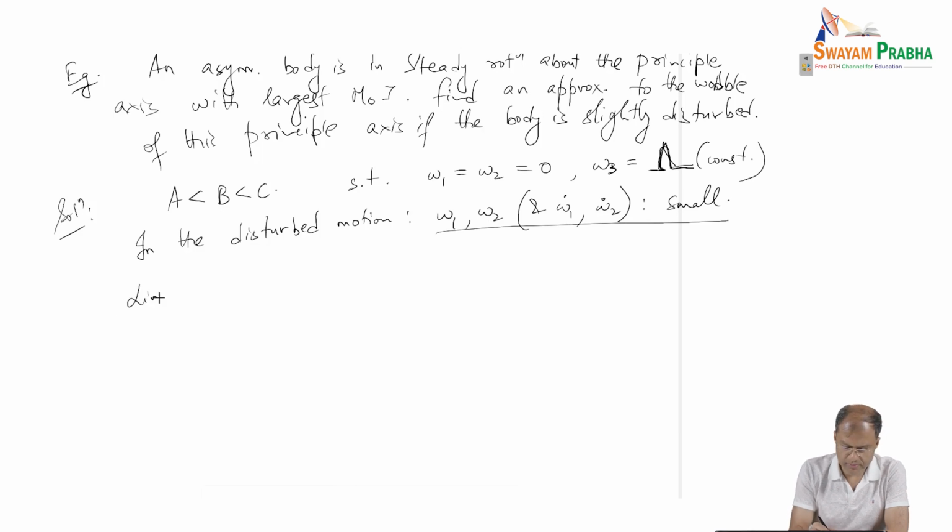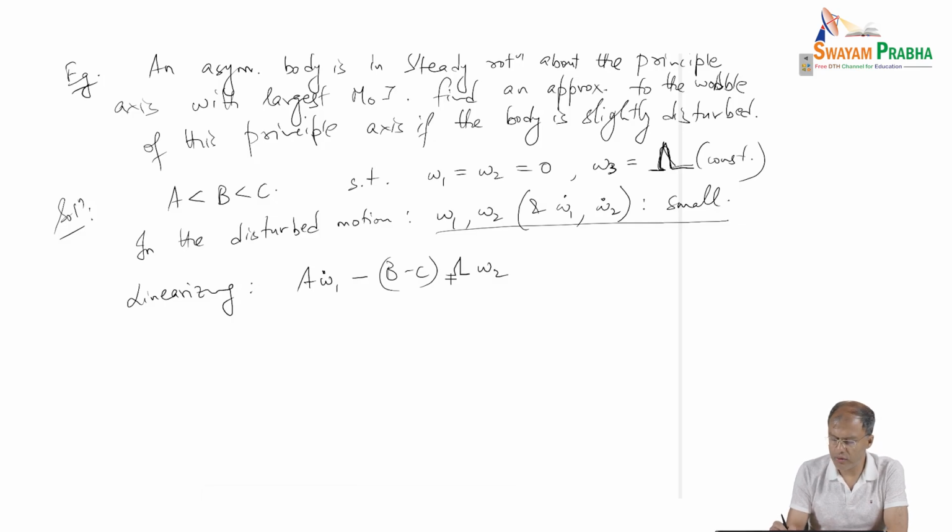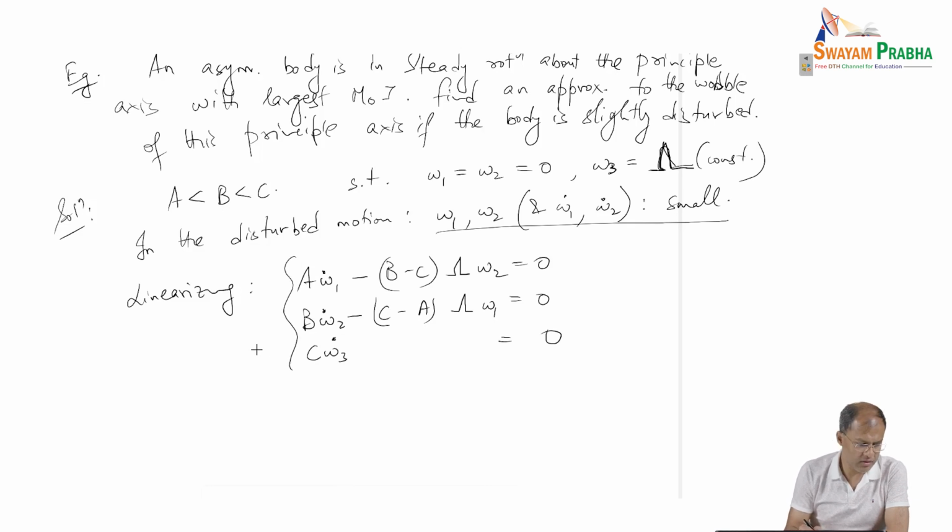So linearizing, we see that a omega 1 dot minus (b minus c) lambda omega 2 is 0, where lambda is omega 3, and b omega 2 dot minus (c minus a) lambda omega 1 is 0, and c omega 3 dot is also 0. So these are my three equations. Here I see that omega 3 is a constant.